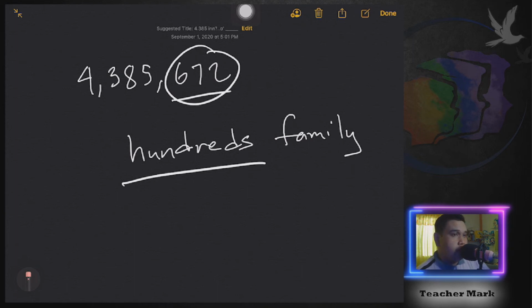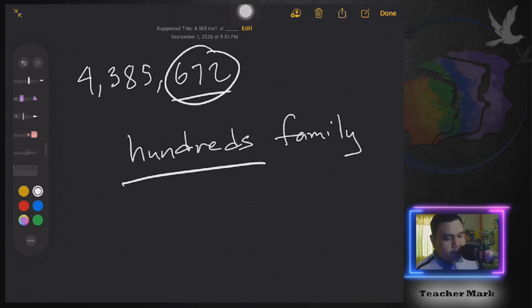Because in my way of teaching how to read numbers, I group them according to their family, which in this case, this last 3 digits belongs to the hundreds family, while the next place value is called the thousands family.